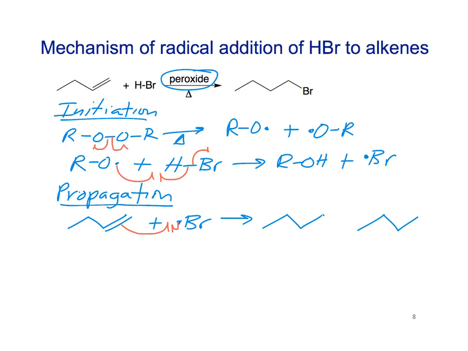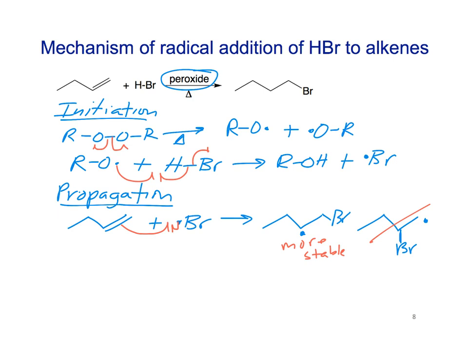So the bromine could go here to form a radical there. Or the other alternative is that it would go here to form the radical out here, right? But we know that this one here is more stable. And so this one's not going to form very much at all, okay?